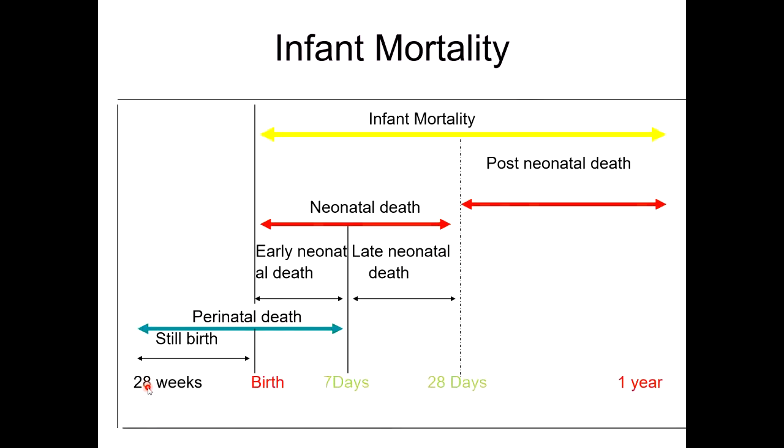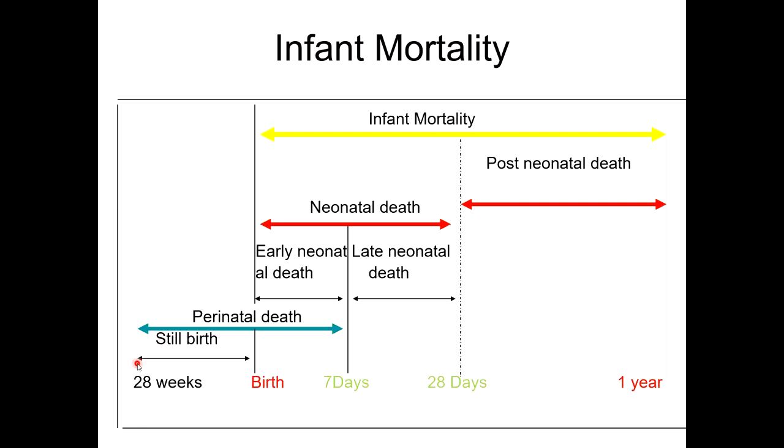Moving on to mortality indicators, which are very important indicators, these are divided according to the time of life. All deaths of children which occur before birth, after 28 completed weeks of gestation, are termed stillbirths.